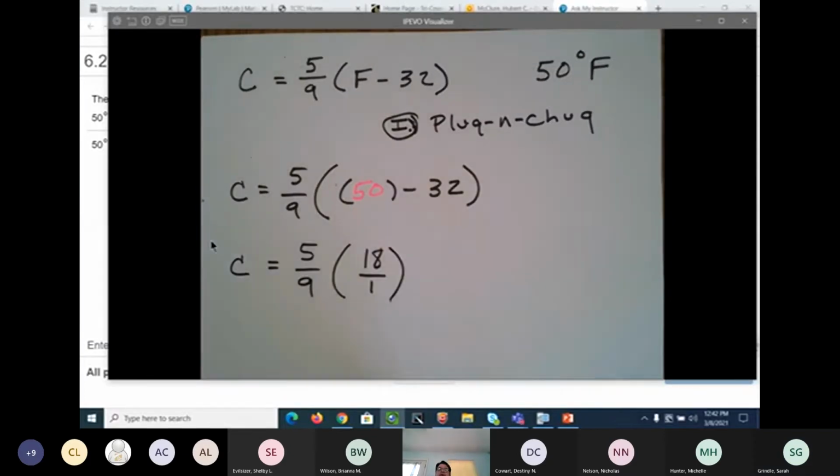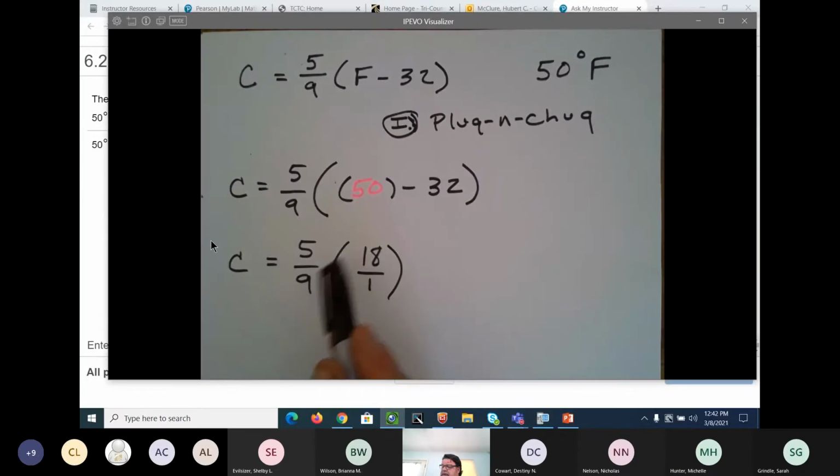What did I do right there? What did I do that some of y'all won't do? Turned it into a fraction. I turned 18 into a fraction by putting it over a 1. Now, why did I do that? To make the math a whole lot easier, because since 5.3, what did you learn in 5.3? And 9 and that 18 will what?